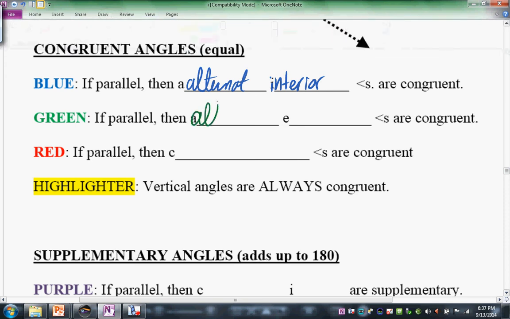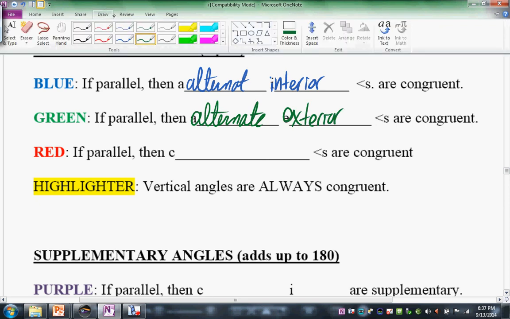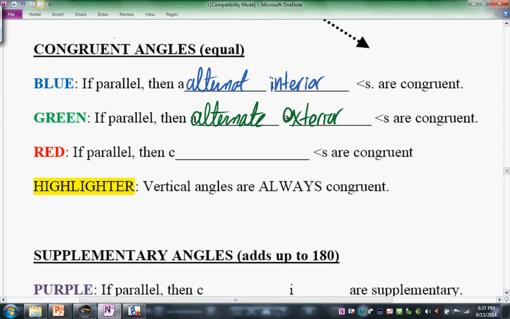When lines are parallel, alternate exterior angles are congruent. When lines are parallel, corresponding angles are congruent.